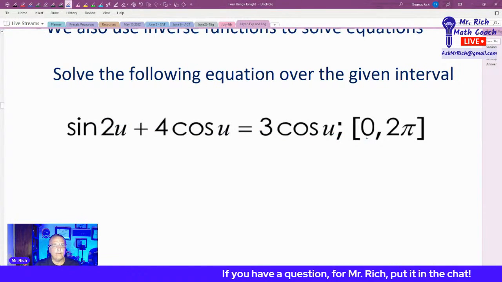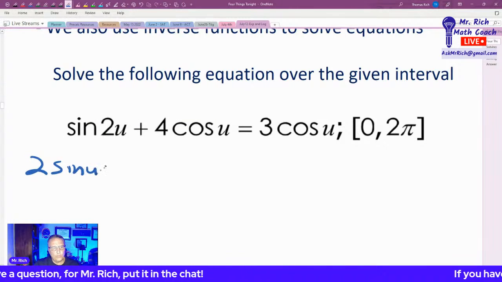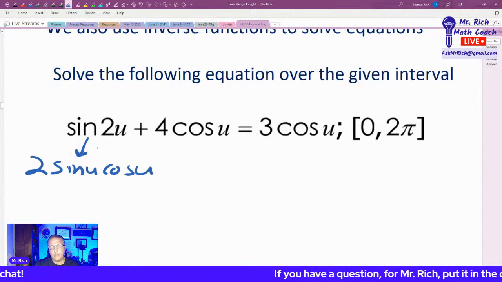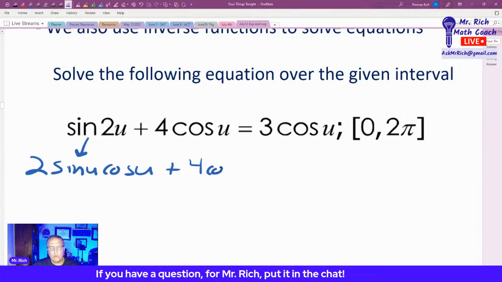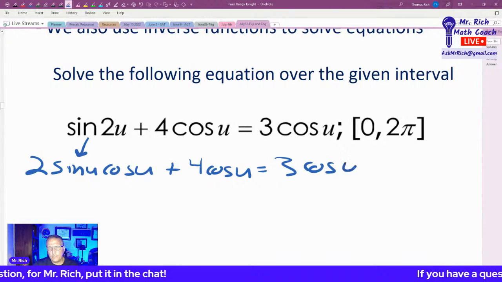That could come up in Calc AB. But sine 2u can be converted into 2 sine u cosine u. Okay, that's one of the trig identities from precalc. And then I've got plus 4 cosine u equals 3 cosine u.